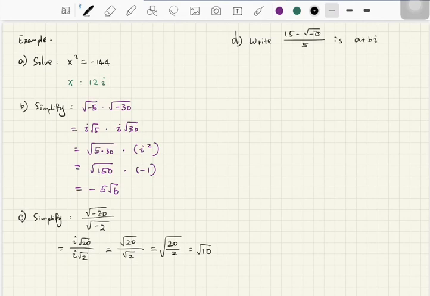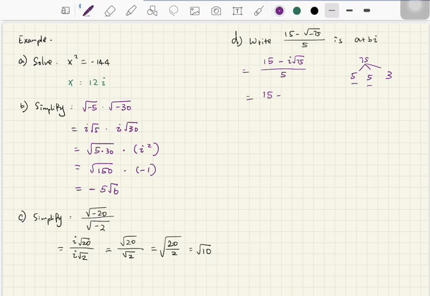So to do it, I first have to rewrite the square root of negative 75 as i square root of 75. 75 equals 5, 5, and 3, where 5 and 5 give me 25, which is a perfect square.